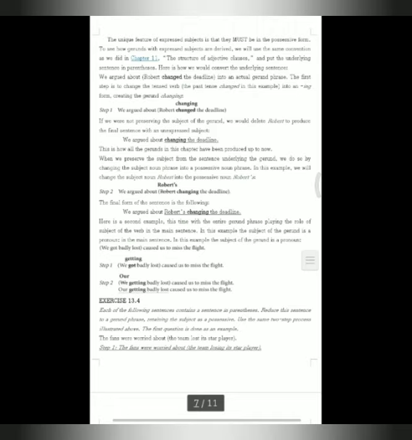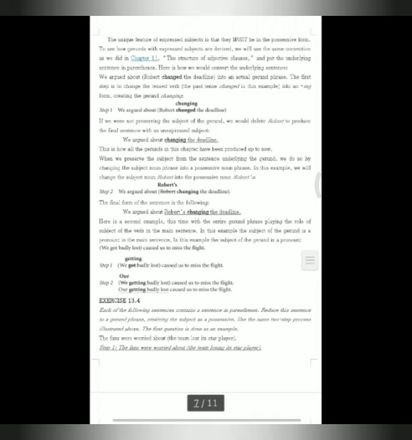Here is a second example, this time with the entire gerund phrase playing the role of subject of the verb in the main sentence. In this example, the subject of the gerund is a pronoun.